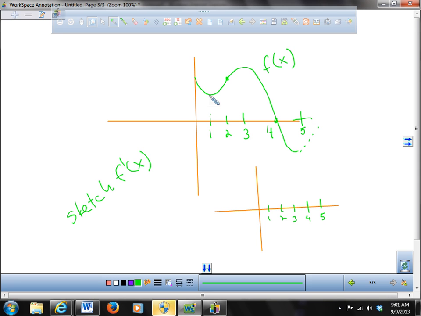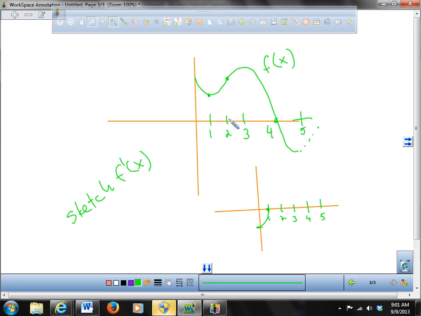From here until I get to here, the slope is negative, and then at this point it's 0, right? So you have to think you're looking at a picture of the slope, okay? So it's going to start off, maybe it's -1 or something. I don't know exactly what it is, and then the slope is 0 at 1.